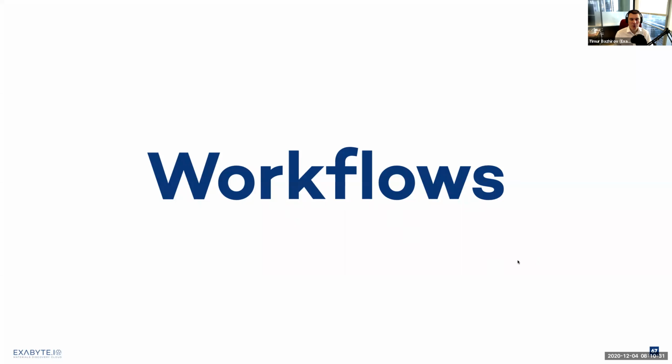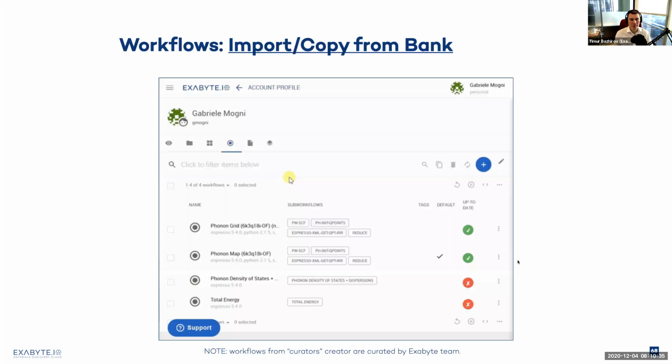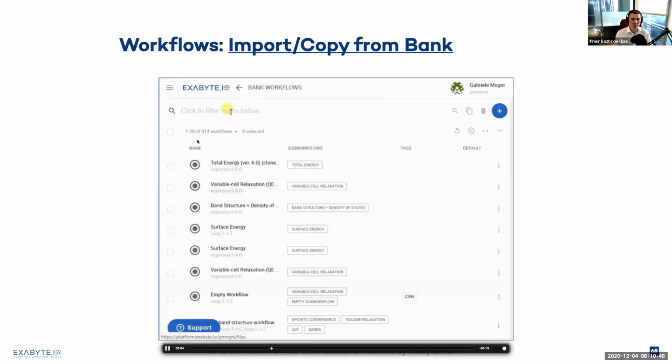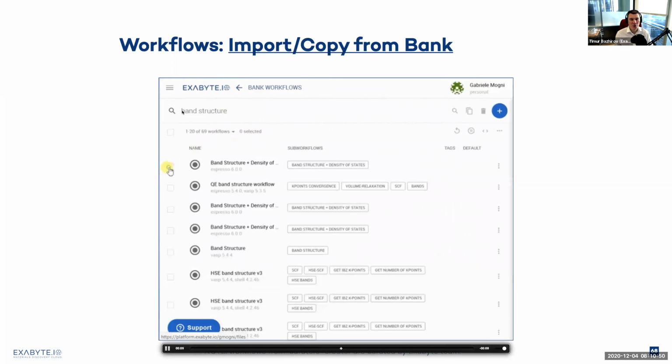Now, workflows have many of the same concepts that are applicable to them. For example, we can also copy workflows from the workflows bank. Just like with materials, we need to navigate to the bank page by opening the left-hand sidebar, clicking bank and workflows. And then we can search for a particular property that is extracted in this workflow.